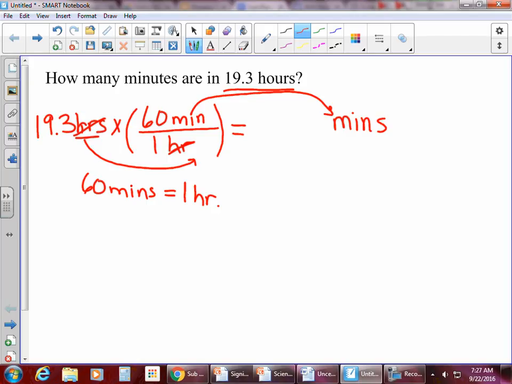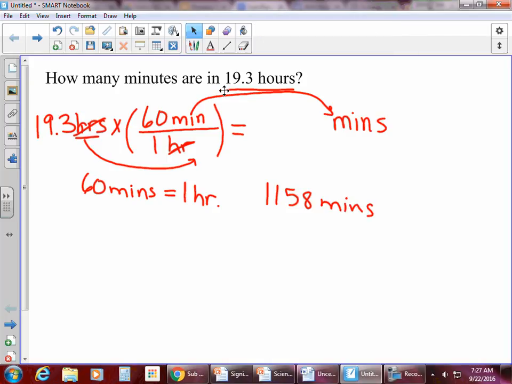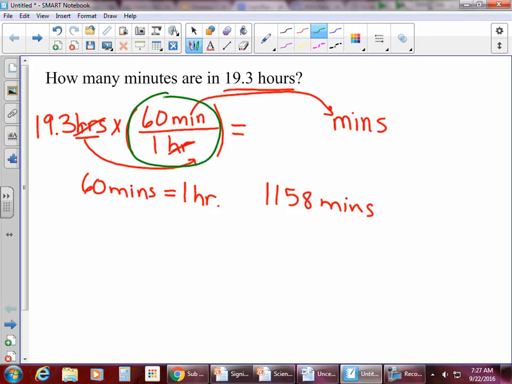So I'm going to do 19.3 times 60 on my calculator, and I get the answer of 1,158 minutes. Well, we were just talking about significant figures. This is a conversion factor, so these do not count towards significant figures.